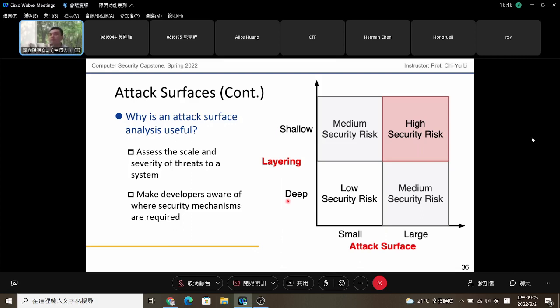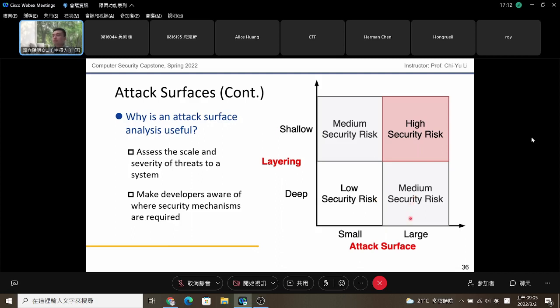In this case, we have 3 layers of security mechanism. The deeper the security layering is, the more secure the system is, so we prefer to deploy deeper security mechanisms.